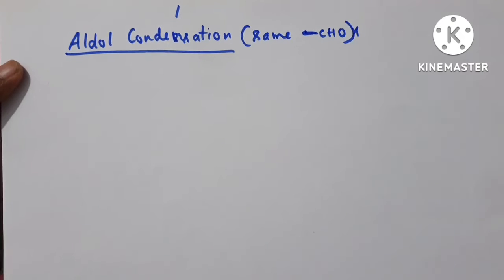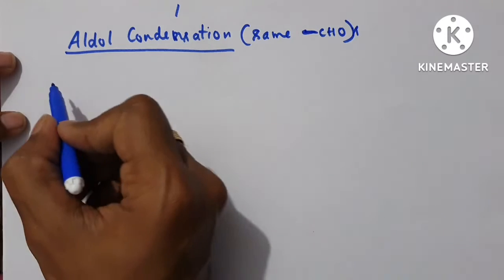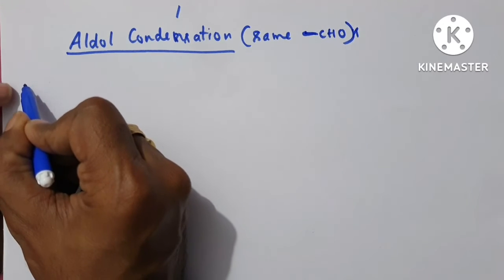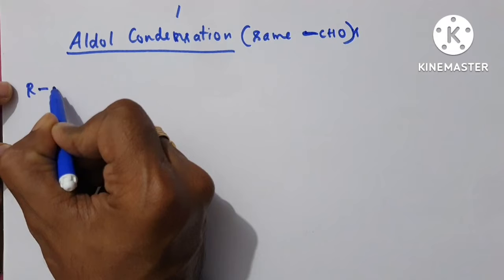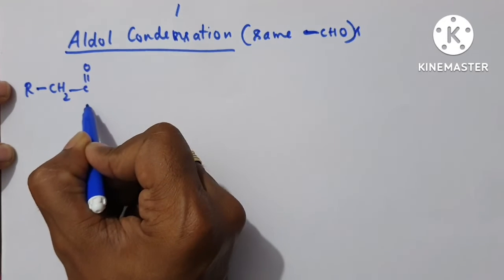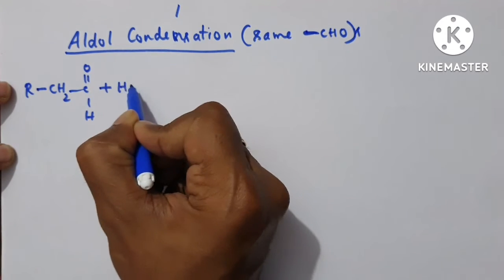Remember, it's very important, same type of aldehydes. And now we'll take one example here. We'll just go for a general reaction here. I have taken the same type of aldehyde.